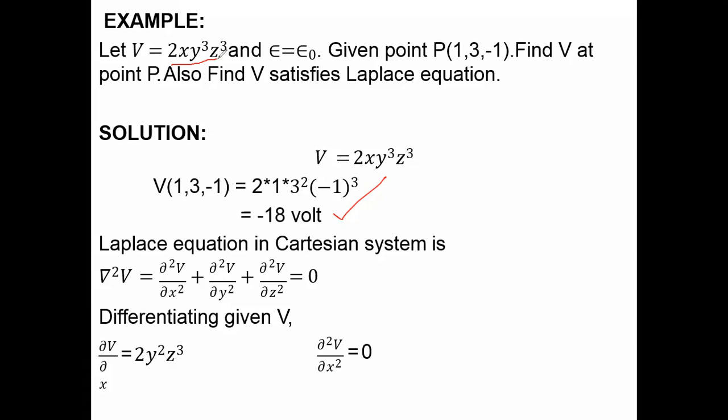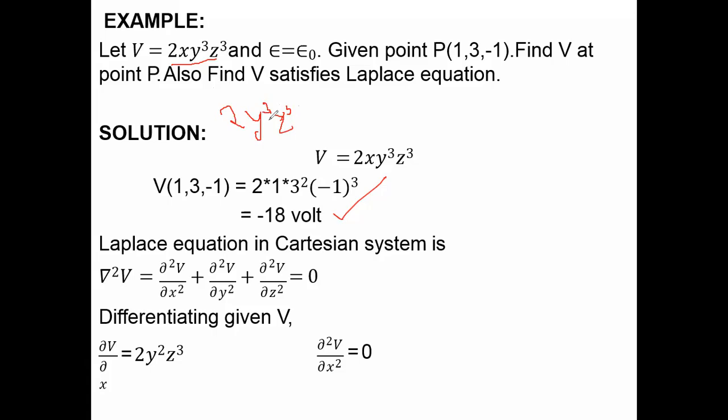So it will be 2y cube z cube. In the question it's y cube, so it will be 2y cube z cube. Then what will be its second derivative with respect to x?